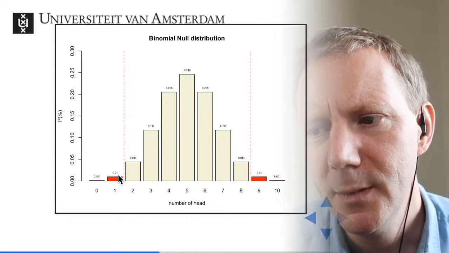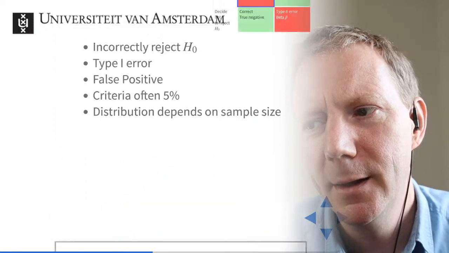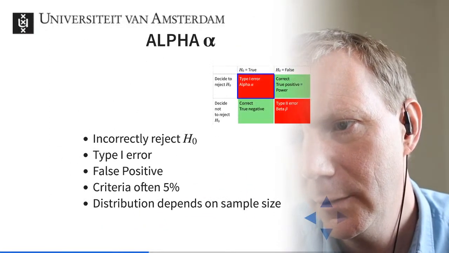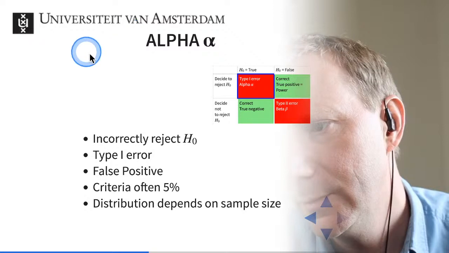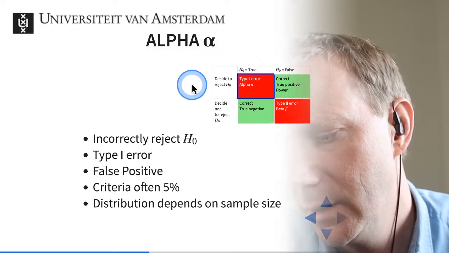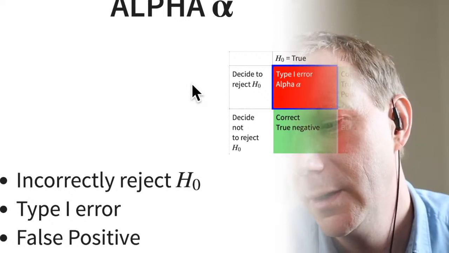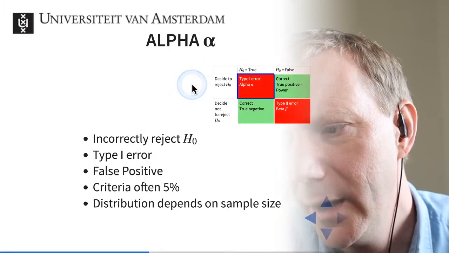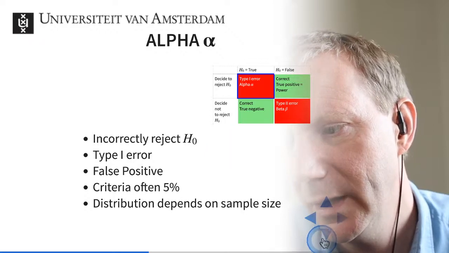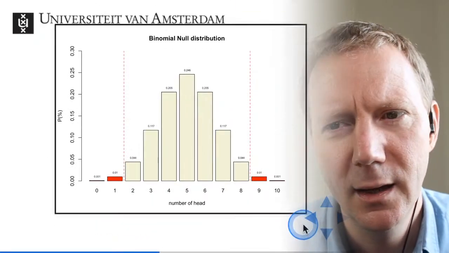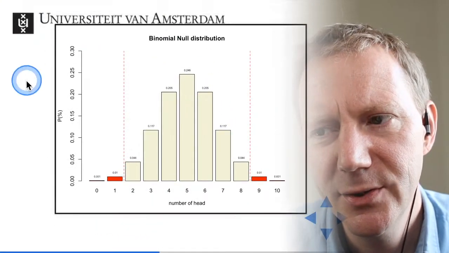And now you have to translate this into the decision that you make. So the decision here for alpha is to decide to reject the null if it is true. So where do we reject the null if it is true? Can you say?